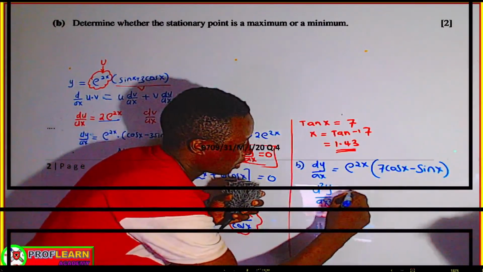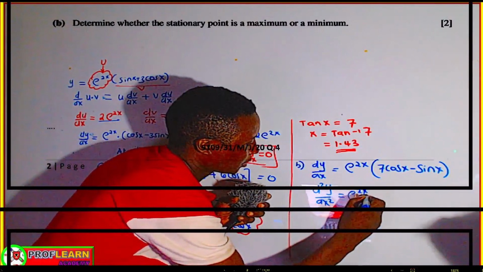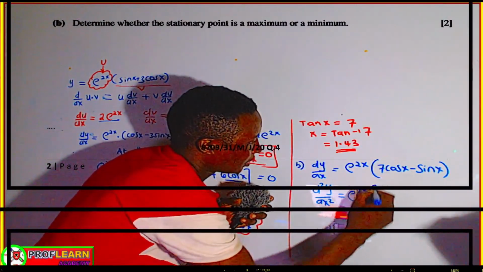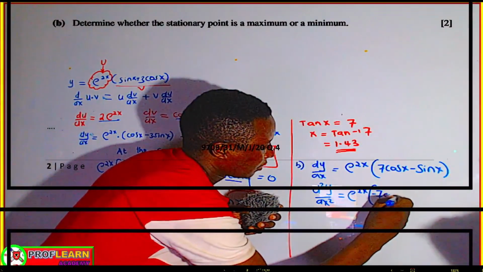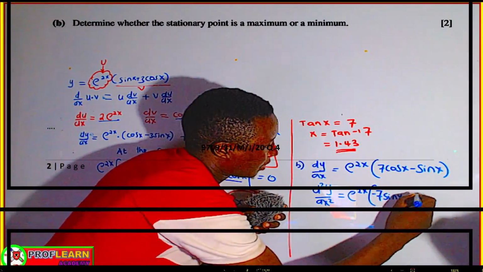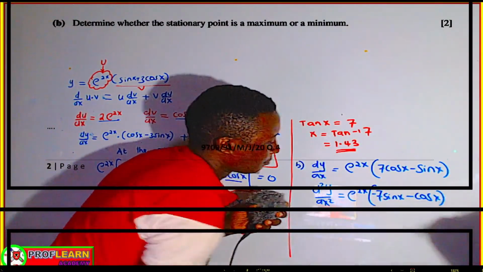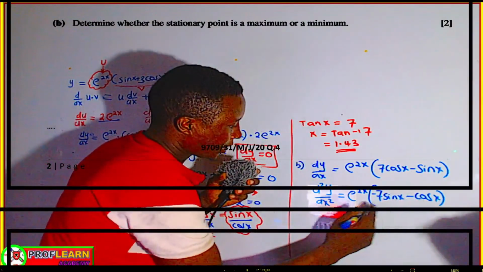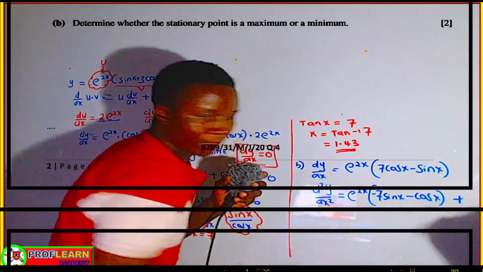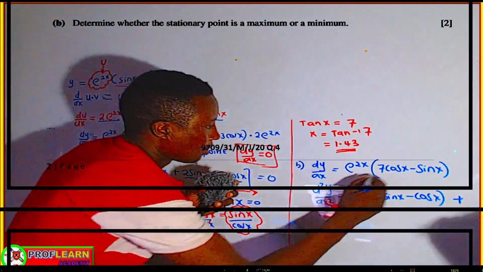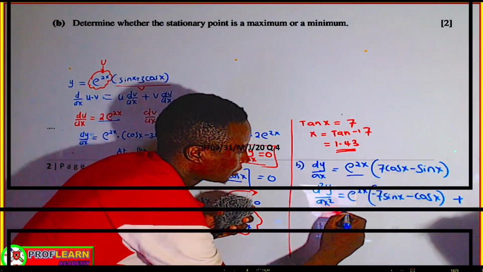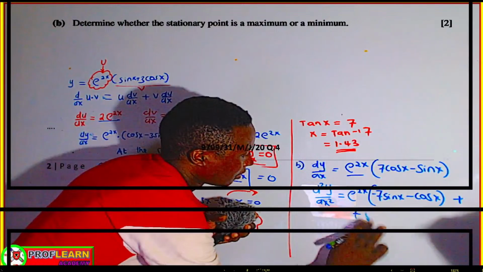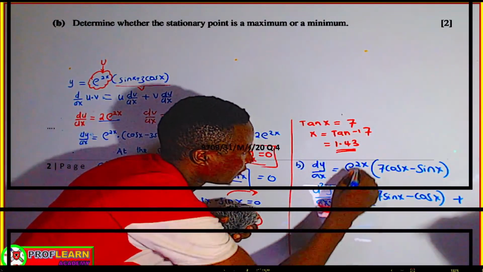So we can decide to keep the first one, 2x, constant and then differentiate this part. So this is going to be negative 7 sin x minus cos x. And then we can also say now this is going to be plus, we differentiate the exponent keeping the other term constant, so this is going to be 7 into bracket, differentiate this one.